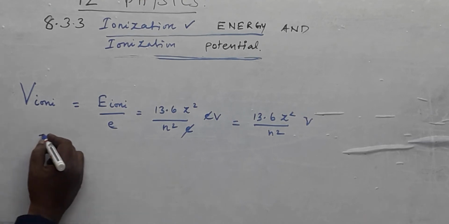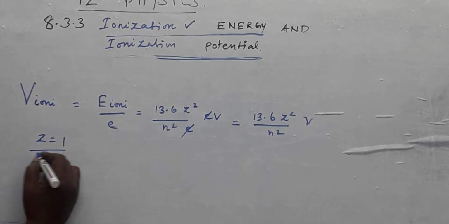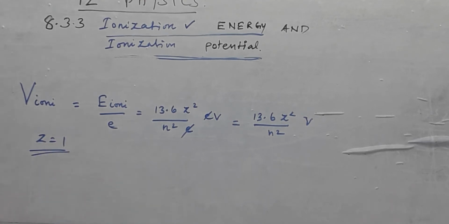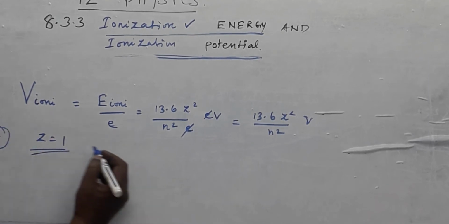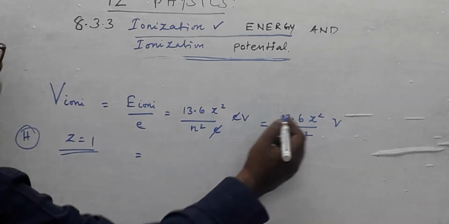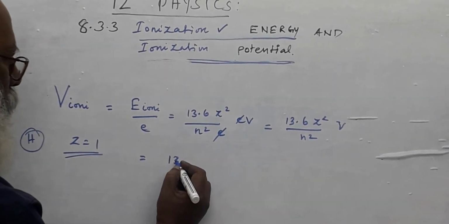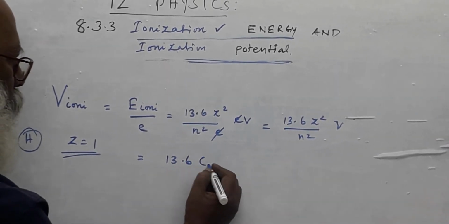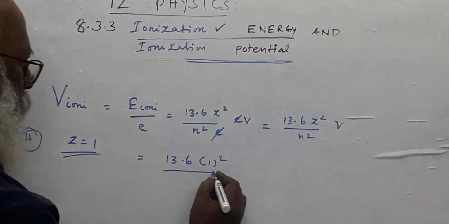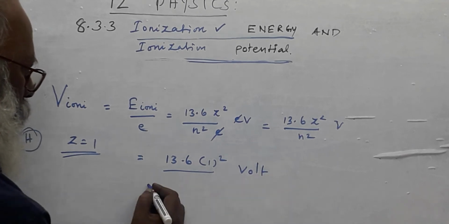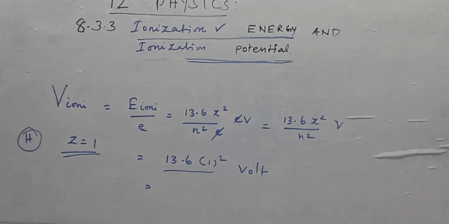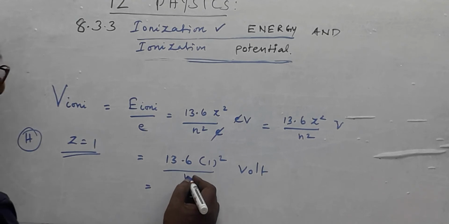Now, for the hydrogen atom, Z equal to 1. Then the ionization potential for hydrogen is nothing but plus 13.6 times 1 square by n square volt.